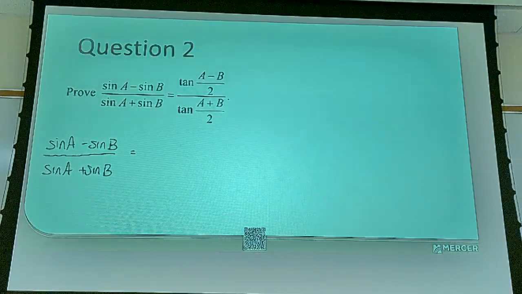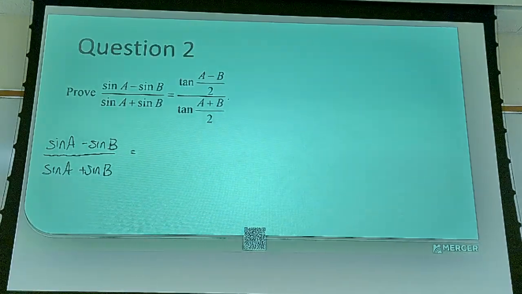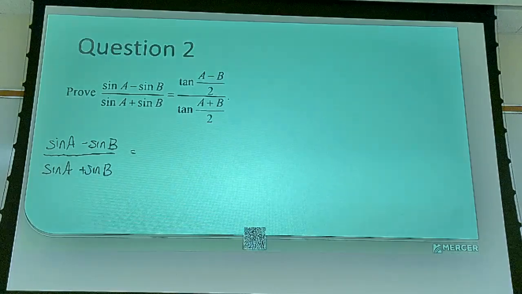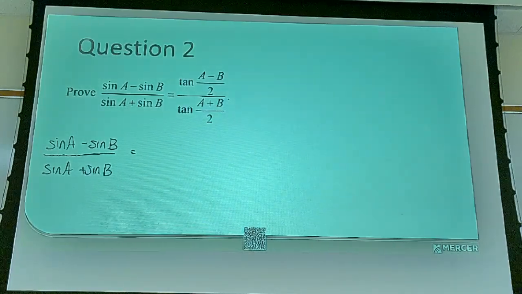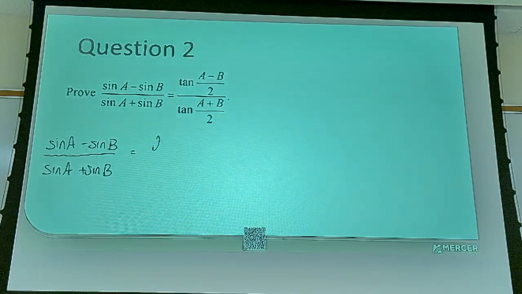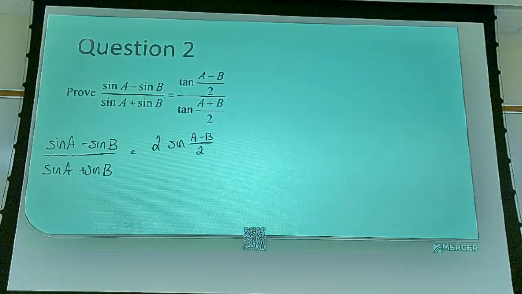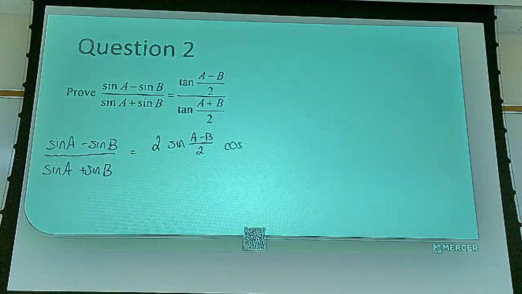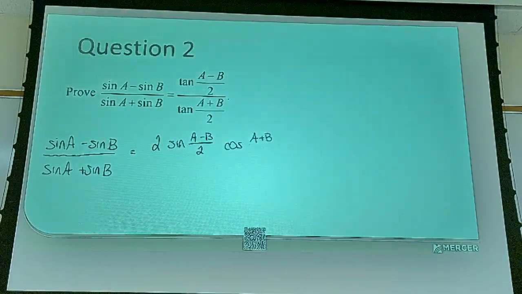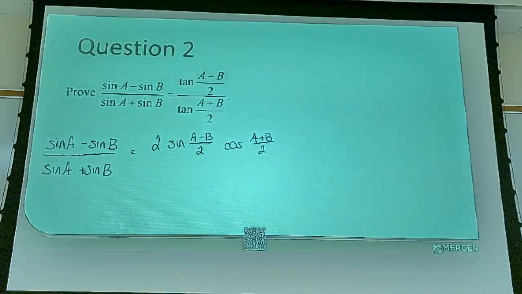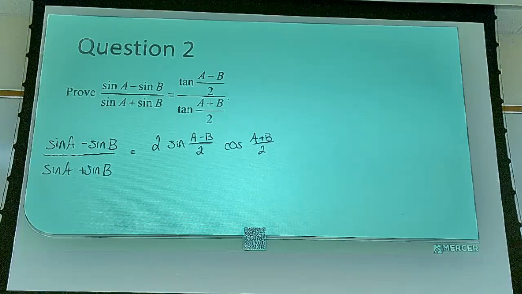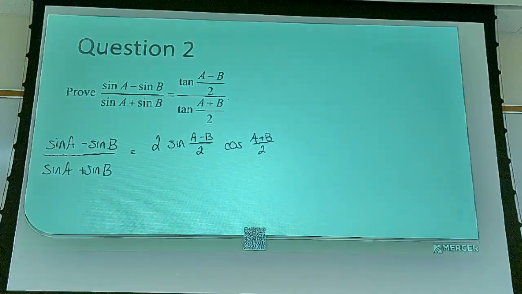Again, we're going to start with the left-hand side. Sine A minus sine B is twice sine of A minus B over 2 cosine of A plus B over 2, or I could say those are capital alpha and capital beta. Doesn't matter.